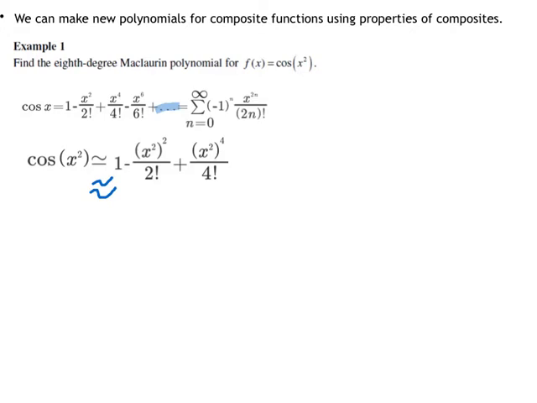I'm only going to do my first 3 terms here because I want an 8th degree polynomial, and an 8th degree polynomial is going to end with an x to the 8th term. If I do x squared to the 4th, I'll have an x to the 8th term. I'm going to simplify this and have 1 minus x to the 4th over 2 factorial plus x to the 8th over 4 factorial. So we can make new polynomials very easily from what we know.